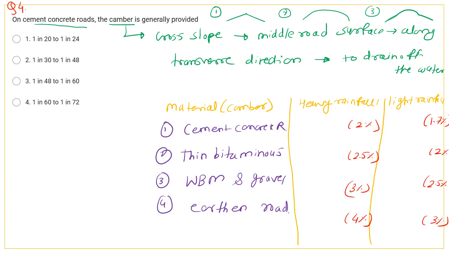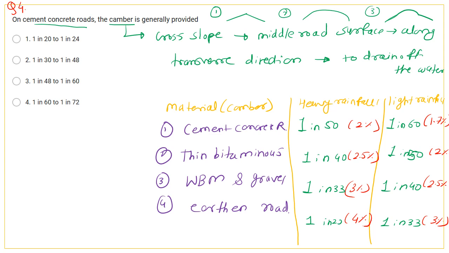In terms of ratio, the values are 1 in 60, 1 in 50, the same 1 in 50, 1 in 50, 1 in 40, 1 in 40, 1 in 33, 1 in 33, and the last one is 1 in 25. These are the values of camber.